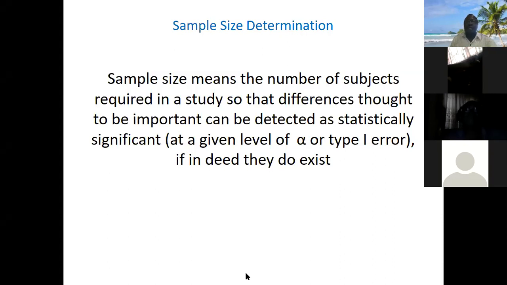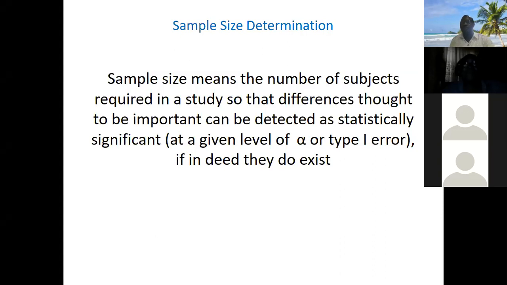You see, in this description, to some people it may be confusing, but to people that are familiar with it, it may not be. The reason it is confusing to some is because of things like type 1 error, alpha. If somebody does not understand what type 1 error alpha means, it's going to be difficult. We will explain this a little as we go on.